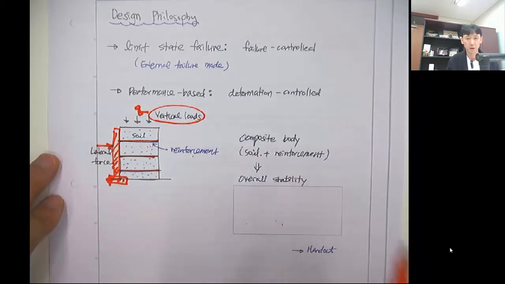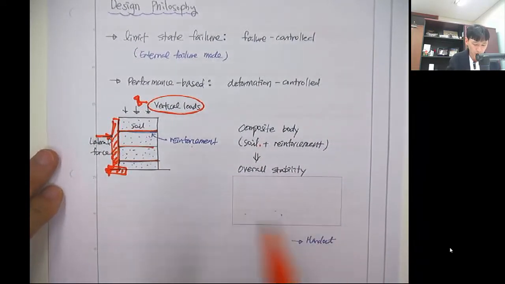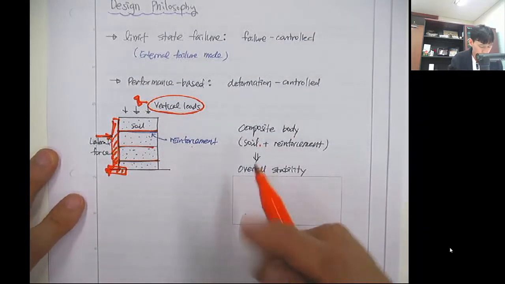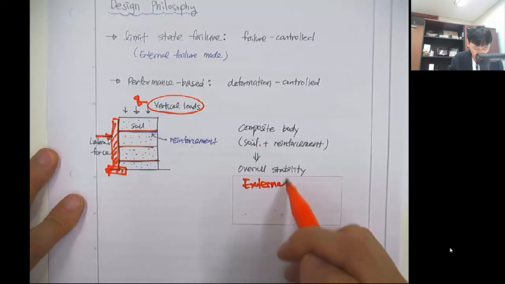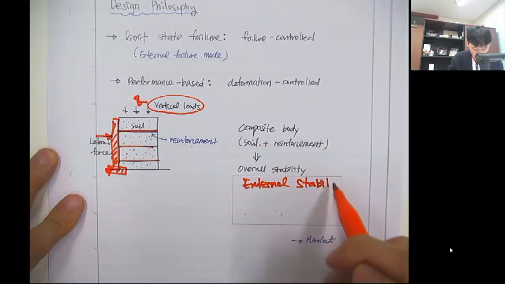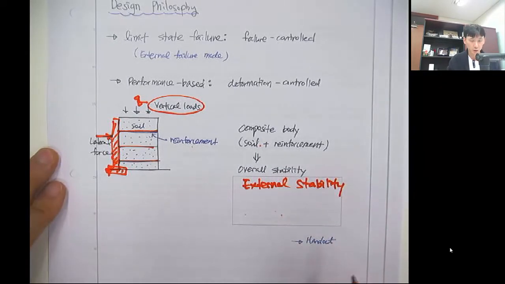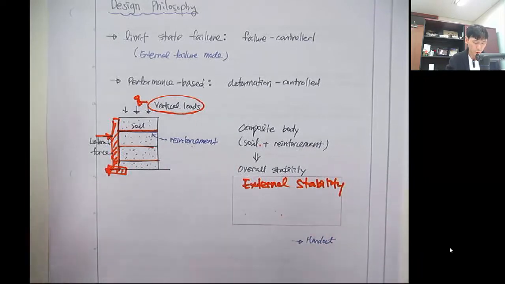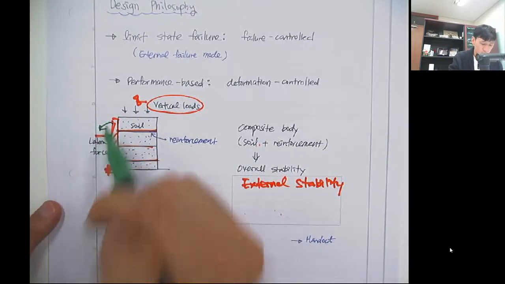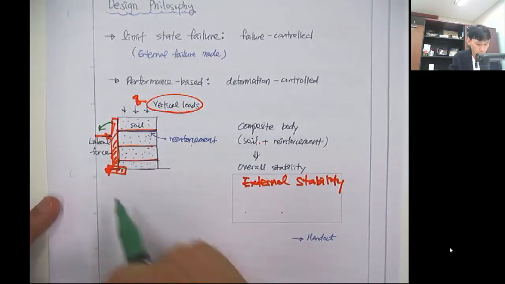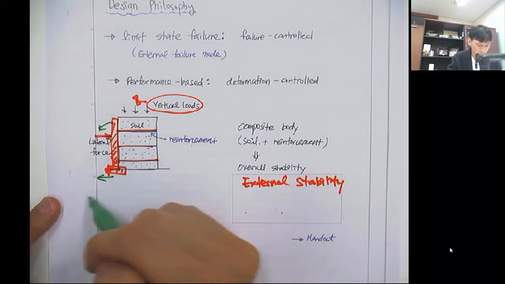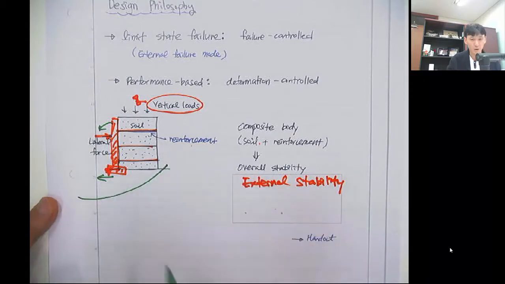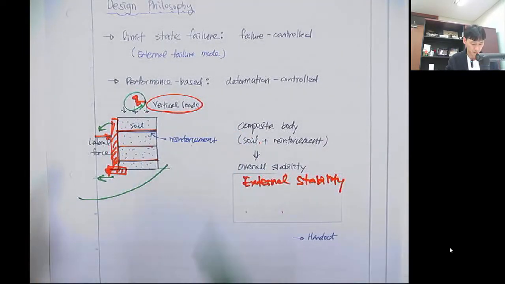There's a soil and there's a reinforcement. So overall stability, first, is the external stability issue, like the overturning of this wall, right? Or there could be some slippage, or some bearing capacity failure like this, because of this Q.